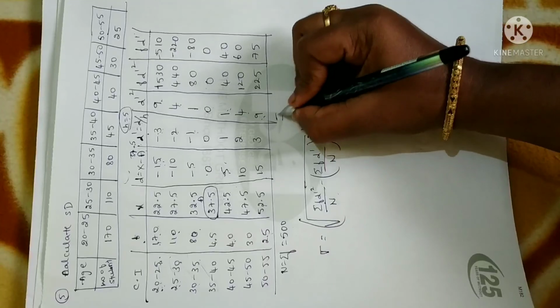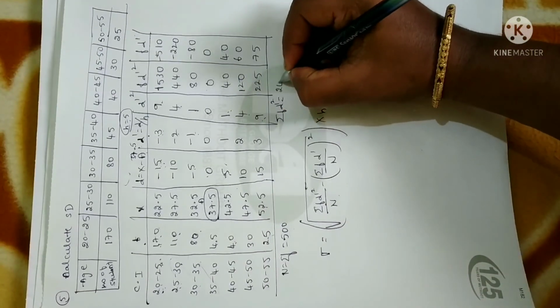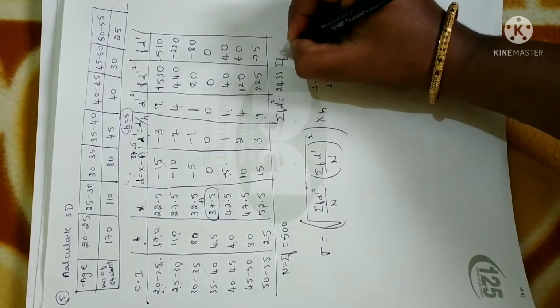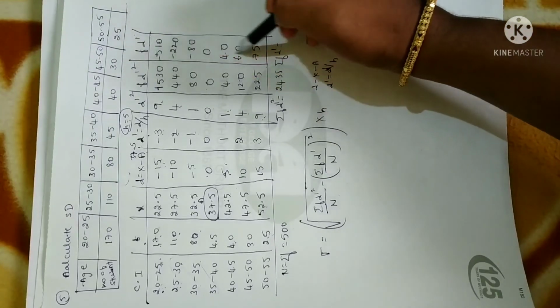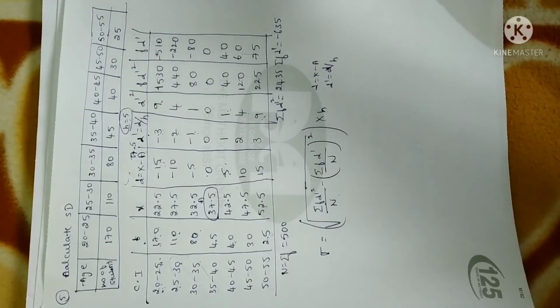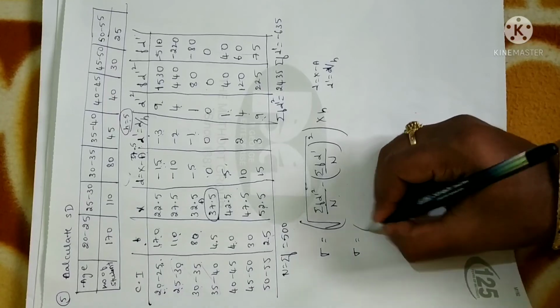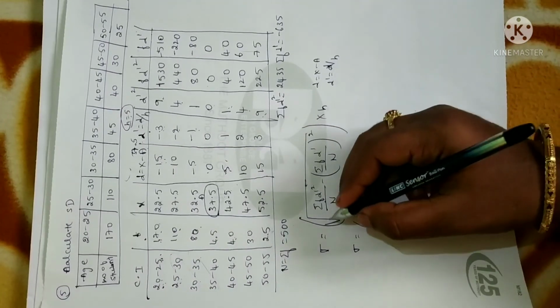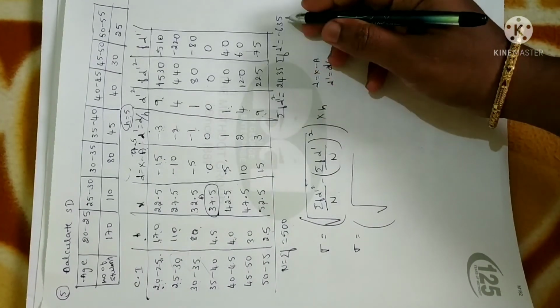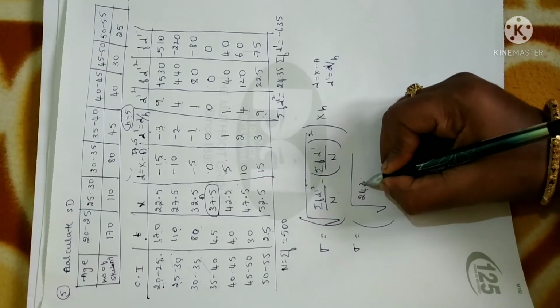Now let me calculate sigma fd dash square. You just add all these values, you will get 2435. Similarly, calculate fd dash value. You add all these values, you will get minus 635. So once you have done with all the values, you can substitute in the formula. It is given by square root of sigma fd dash square, which is 2435.